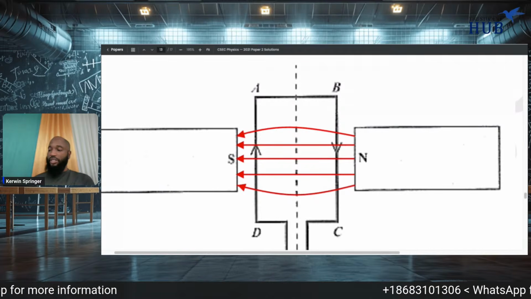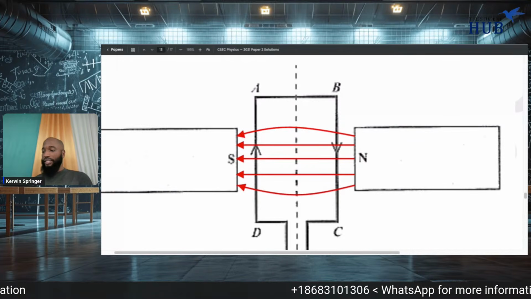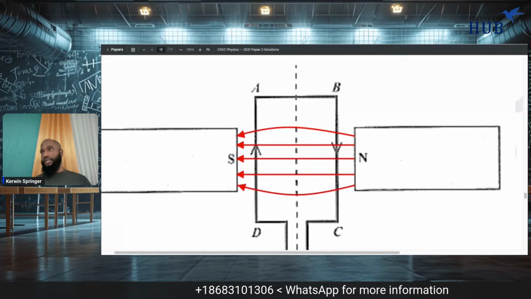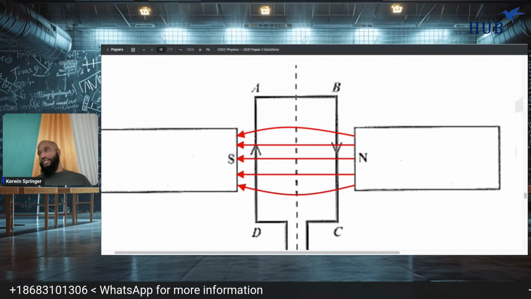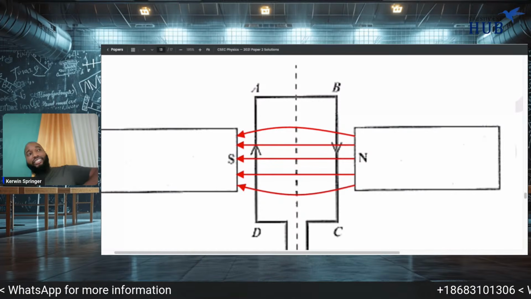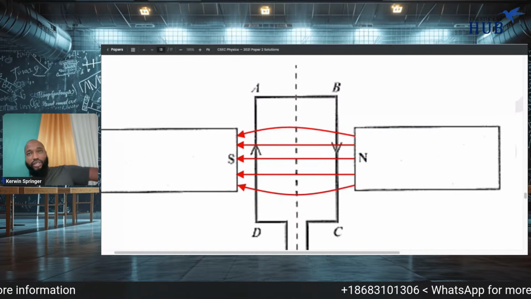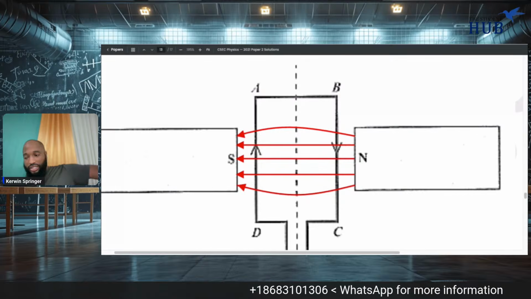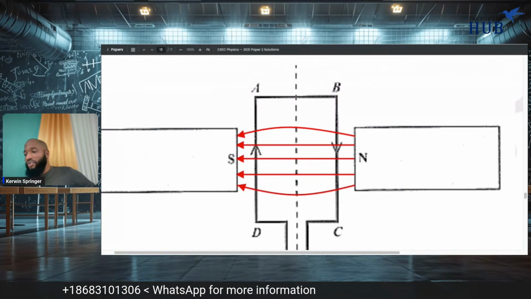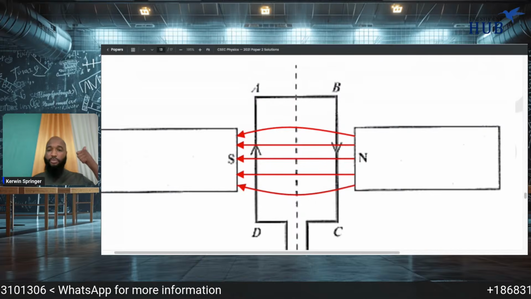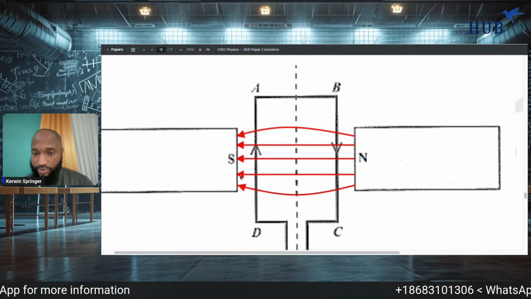Since the current is coming this way, it's still going north to south, but coming this way, so it's going down, right? So AD is going up, BC is going down.